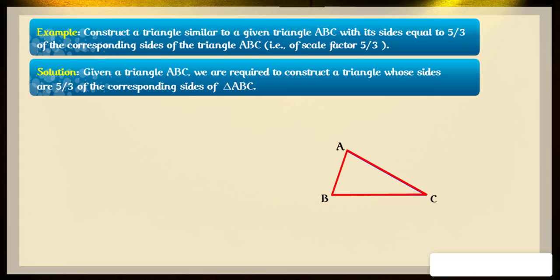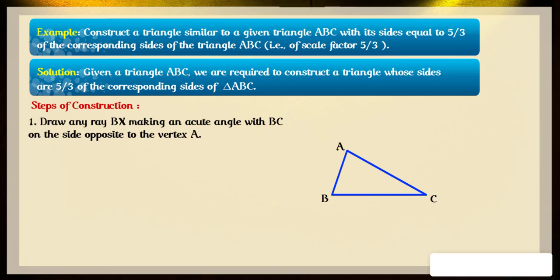Given a triangle ABC, we are required to construct a triangle whose sides are 5 by 3rd of the corresponding sides of triangle ABC. Steps of construction. 1. Draw any ray BX making an acute angle with BC on the side opposite to the vertex A.